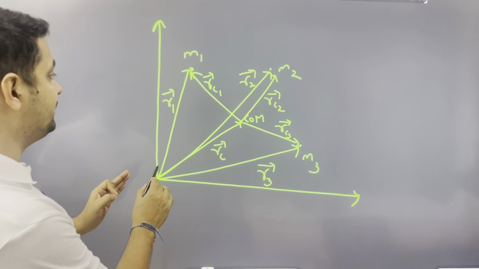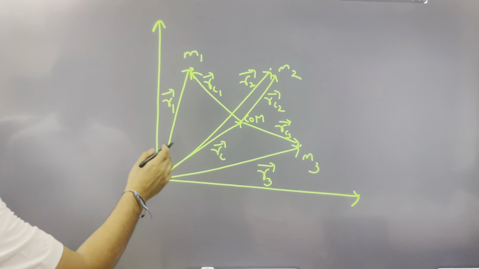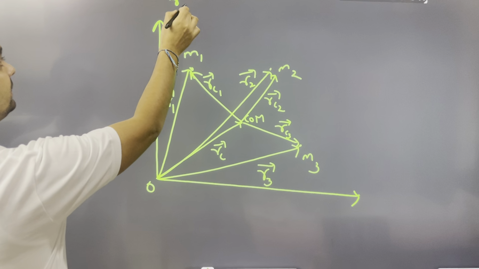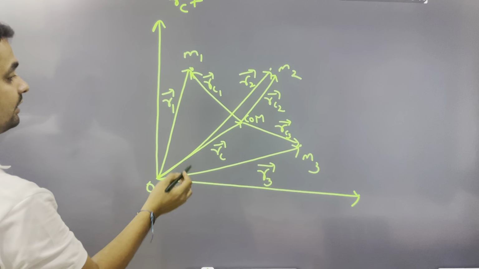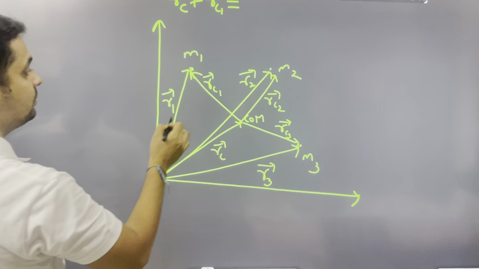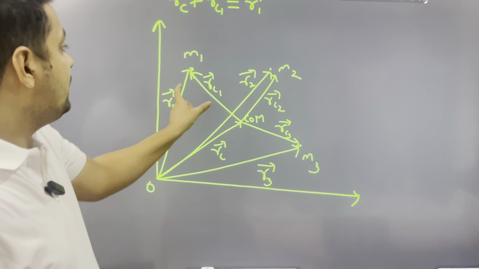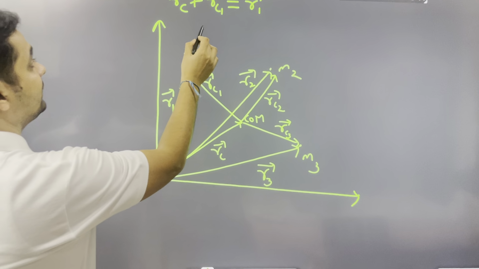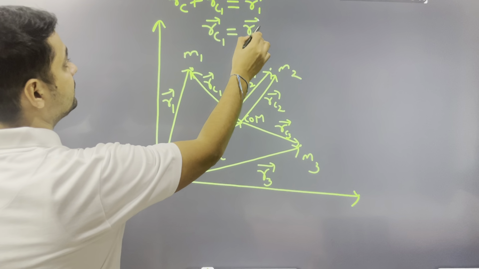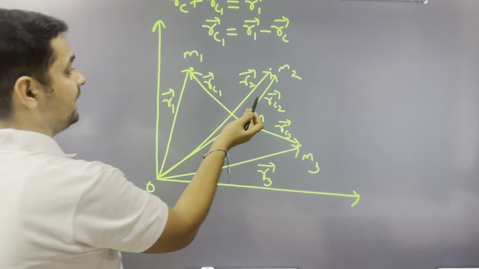According to it, rC vector plus rC1 vector equals r1 vector. Now I have to find rC1 vector, which is r1 vector minus rC vector, correct?